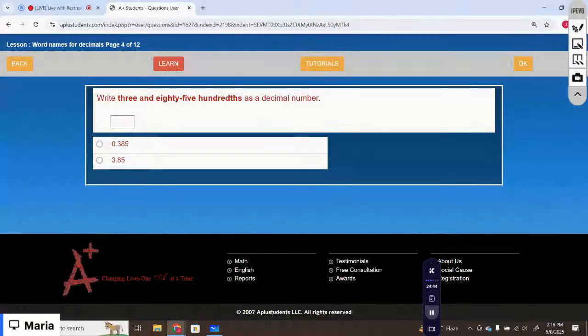Write 3 and 85 hundredths as a decimal number. So that is very good. 3.85.